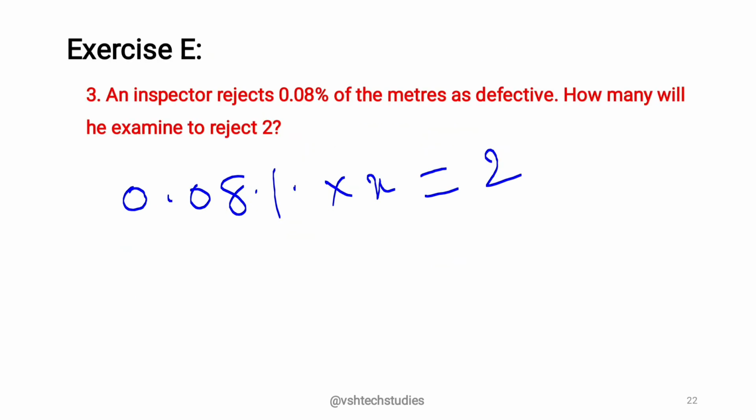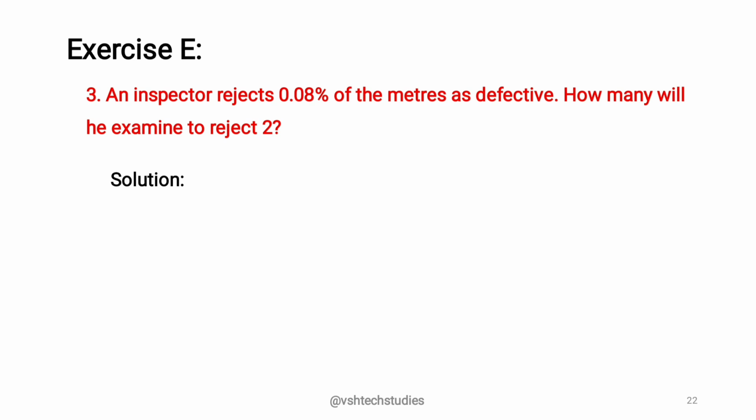So coming back to the problem, if the steps involved in the solution are written systematically: 0.08% of x equal to 2. Totally how many is he checking? X. 0.08% of that, finally how much does he get? 2 meters defective. So x we have to find. 0.08% is written as 0.08 upon 100.